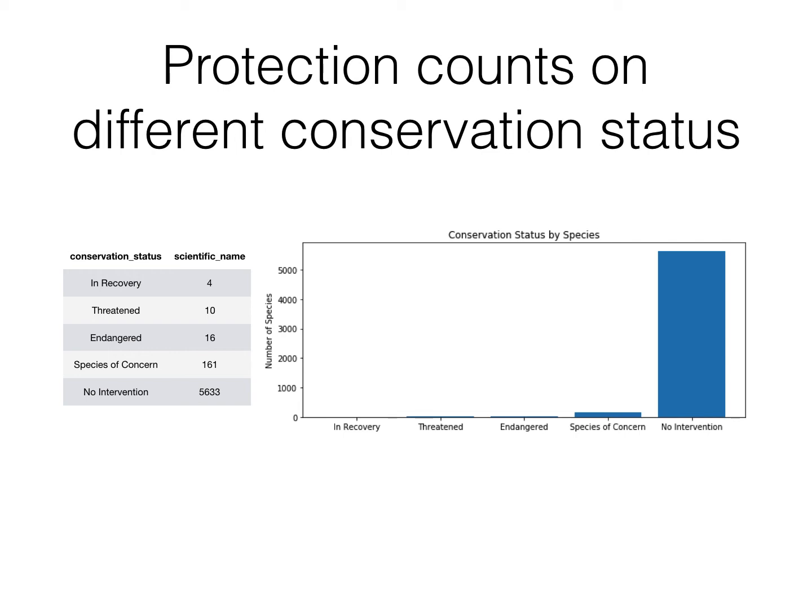The result shows there are 4 in recovery, 10 in threatened, 16 in endangered, and 161 in species of concern, and most of them are in no intervention. The number is 5,633. We can also see the results in the bar chart on the right.